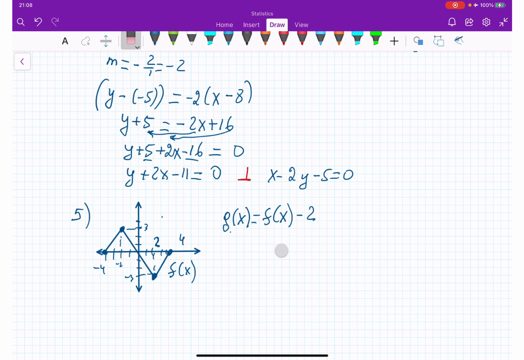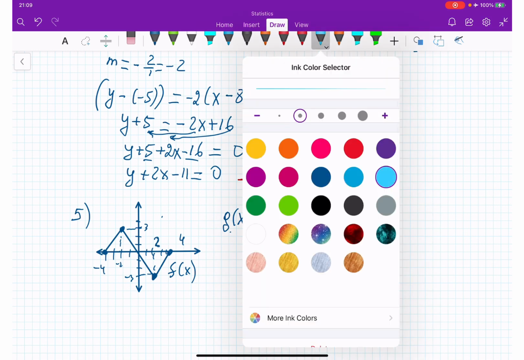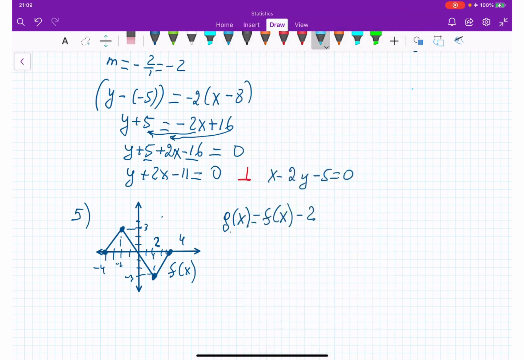If I would have f of x minus 2, that would be change of x. So what does that mean? Minus 2 is change of y, which means I'm going to fix every single coordinate on this graph, and from the coordinate of y, do minus 2. For example, for this point, coordinate is negative 4 and 0, yes?